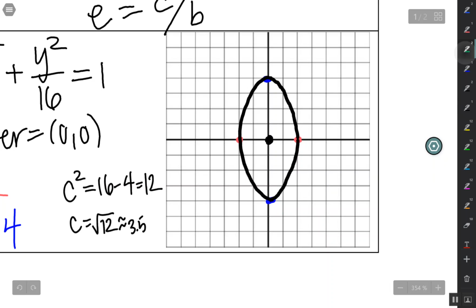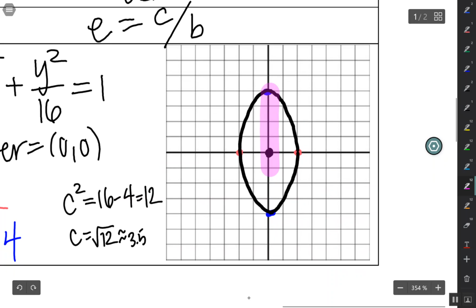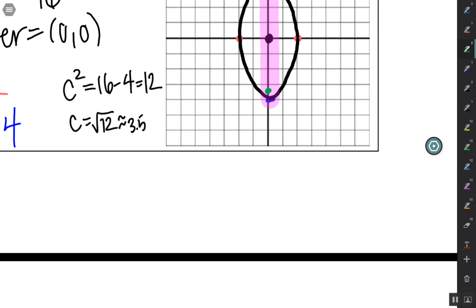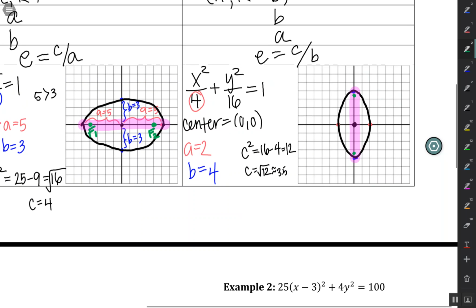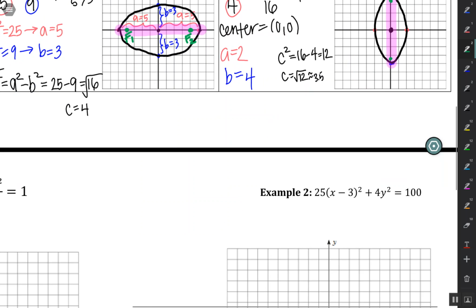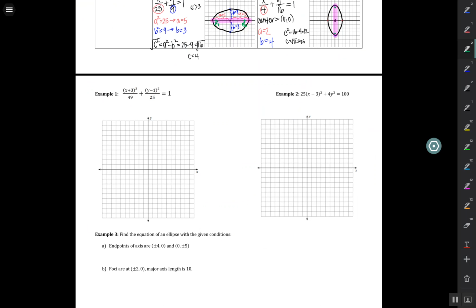Okay, so I'm going to go up and down, because this time my major axis, or my focal axis, is this one. It's the big one. It's wherever the big one is. So I'm going to go up and down 3.5 about. Just eyeball it. There she is. So you can see the difference. Everything's just kind of turned on its side. Alright, so let's do a couple more examples. First we're going to do some with h and k.